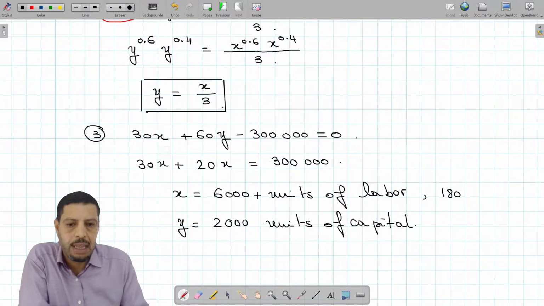So you multiply 6,000 by $30, you will get $180,000. And here you multiply by 60 since its unit of capital costs $60, so you will get $120,000 of capital. If you add the two amounts, you will get your total budget, which is $300,000.